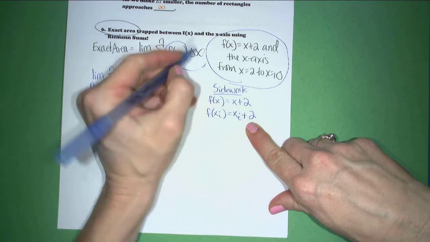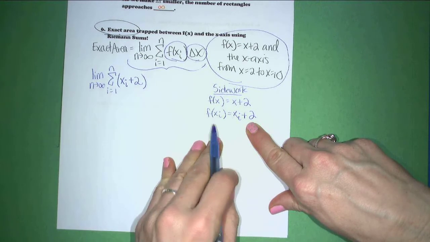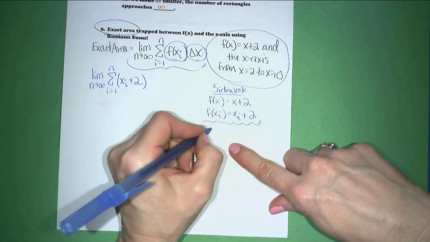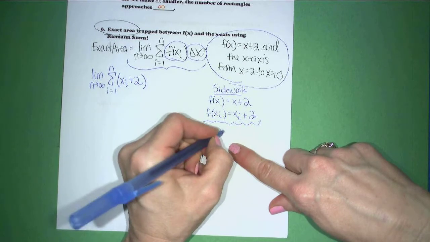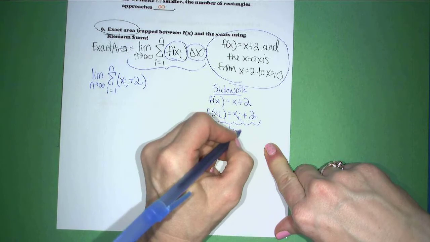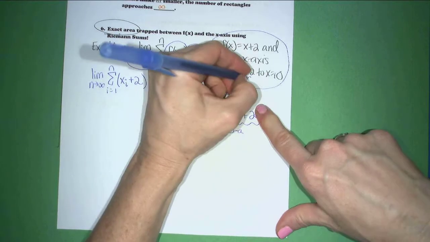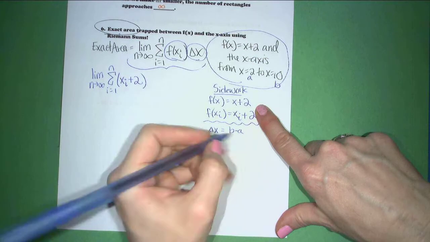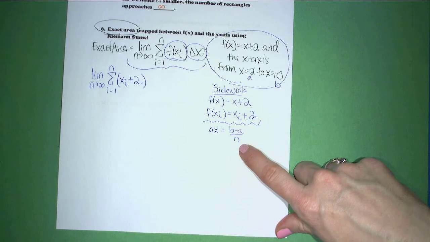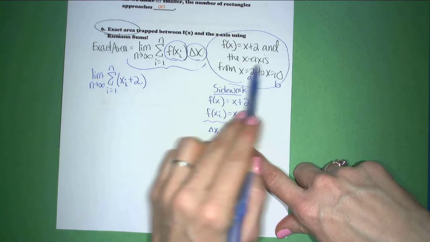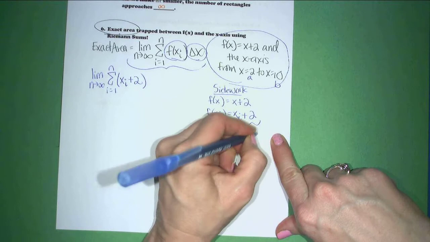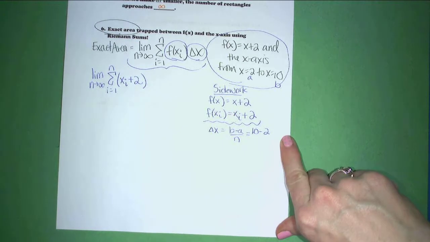So now we've got to get specific with what delta x is. If you remember from earlier with our rectangle work, to find the change in x, we simply take b minus a, the distance between our a and our b, and we divide that space into n equal subintervals. So for us, in this specific example, we would have 10 minus 2, b minus a, divided by n.